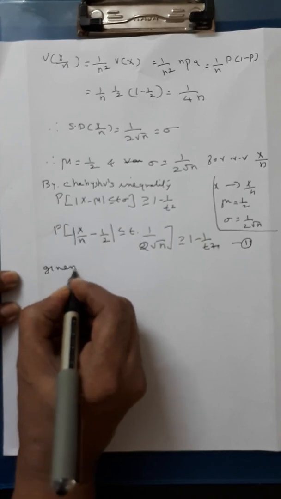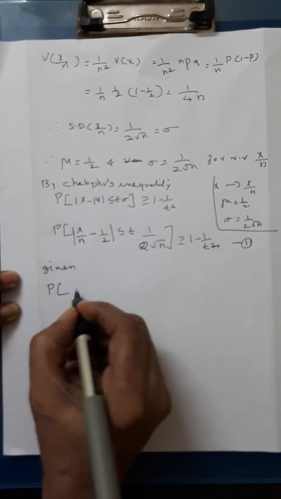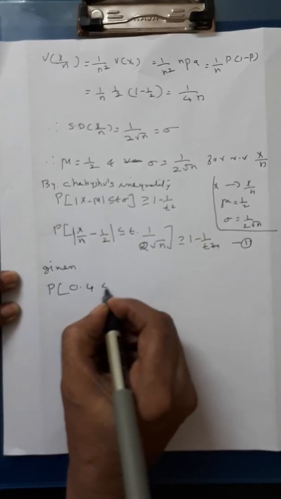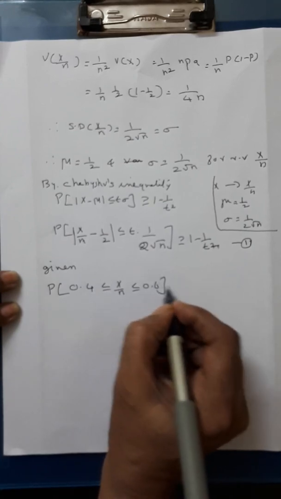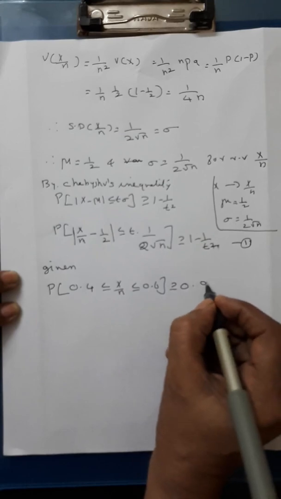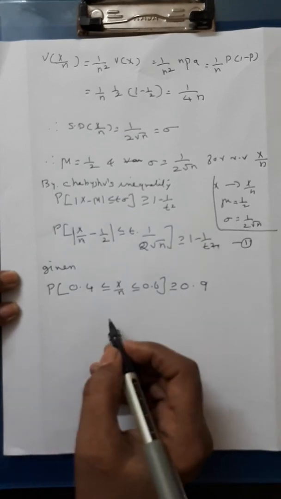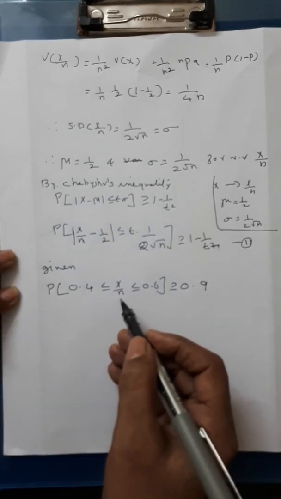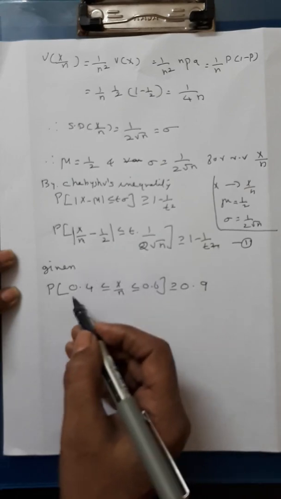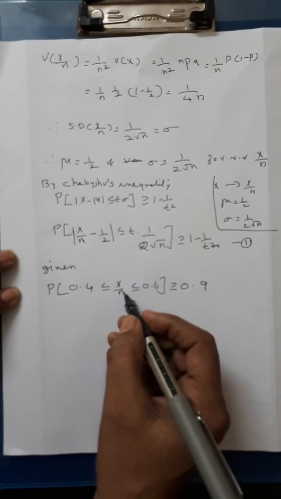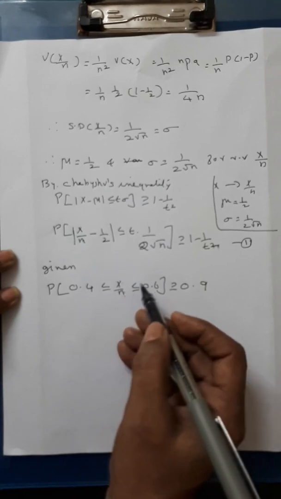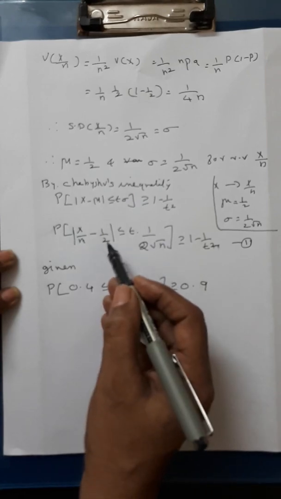And given that P of 0.4 less than or equal to x by n less than or equal to 0.6 is greater than or equal to 0.9, now we try to rewrite this expression similar to Chebyshev's expression. For that we need x by n minus 1 by 2.